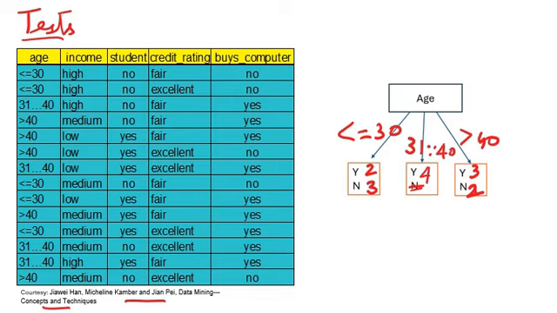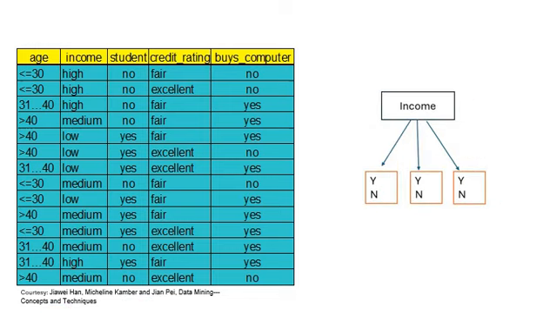So we can make out something about this data when we look at the age attribute: 5 samples fall along the branch of less than or equal to 30, 4 samples along 31 to 40, and 5 samples again along greater than 40. So this was on the age attribute.